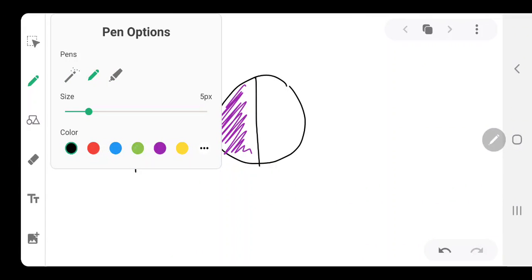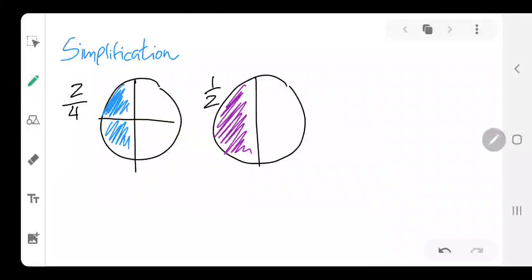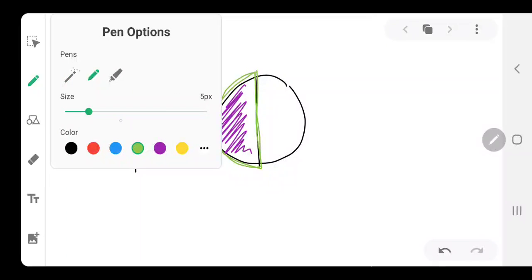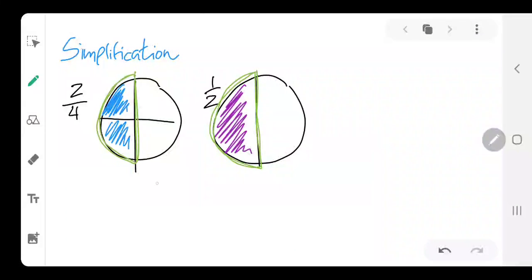Now, the idea of simplification is that because these two areas of the pie that are represented by two different fractions, 2/4 and 1/2, are equivalent, then we can say that 2/4 is equal to 1/2. Both of those are essentially representing the same value.